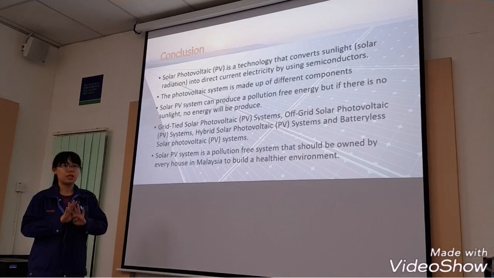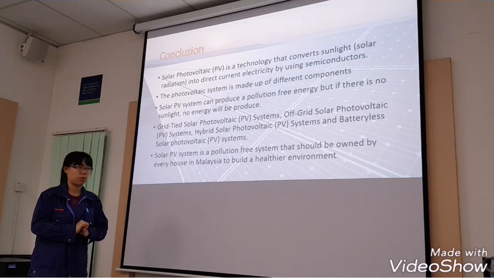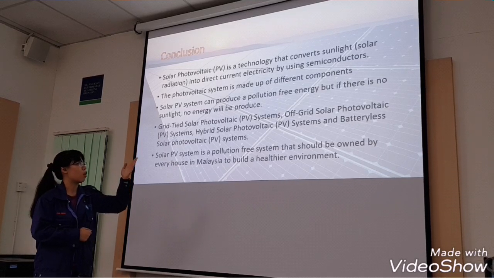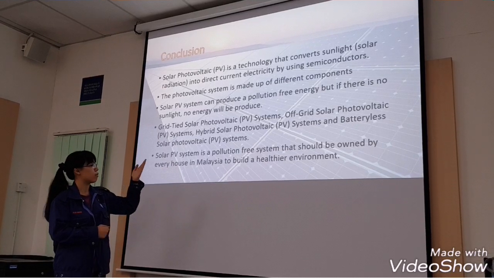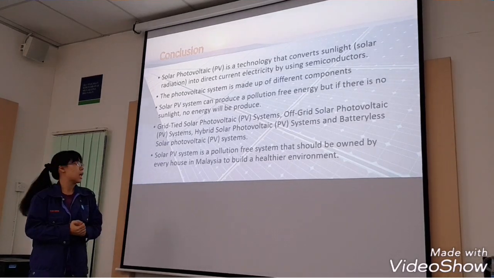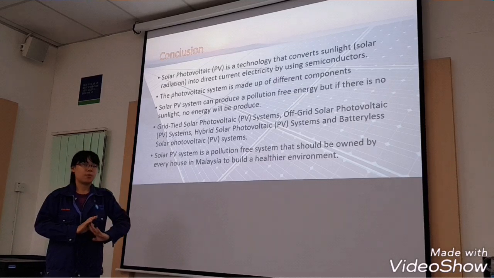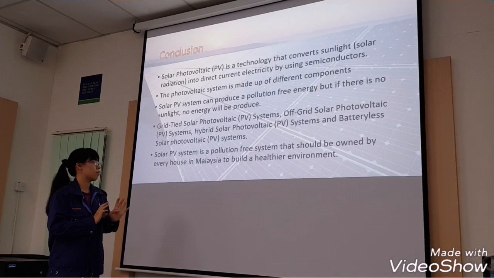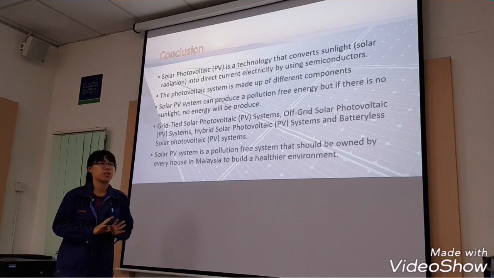And there are 4 applications we mentioned in this project, which are grid-tied solar PV, off-grid PV, hybrid PV, and batteryless PV. And for the last, the solar PV system is a pollution-free system that should be owned by every house in Malaysia to build a healthier environment.